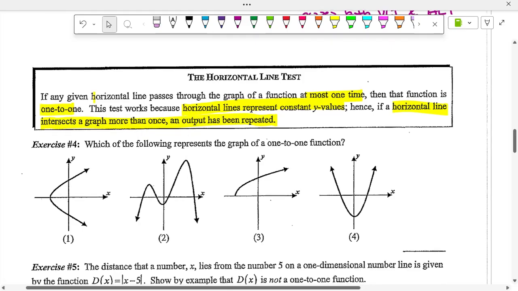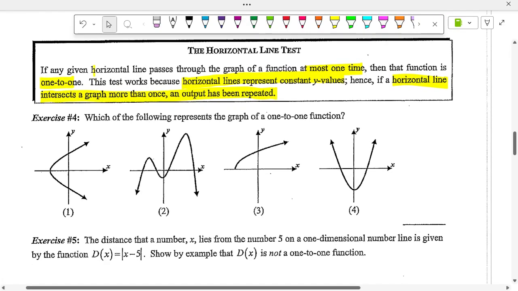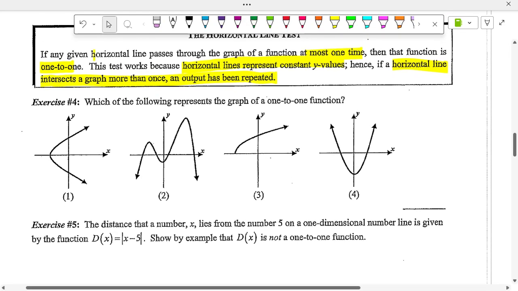So here's what I want you to do. Take a minute and figure out which of these 4 options is one-to-one. Do your 2 line tests on all 4 graphs. There's only one of them that is.